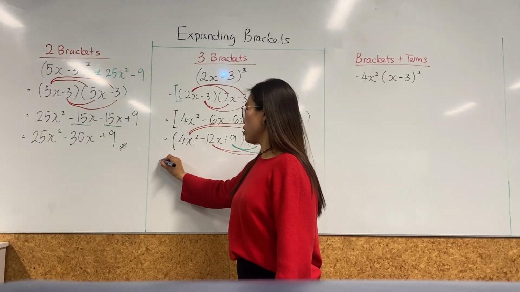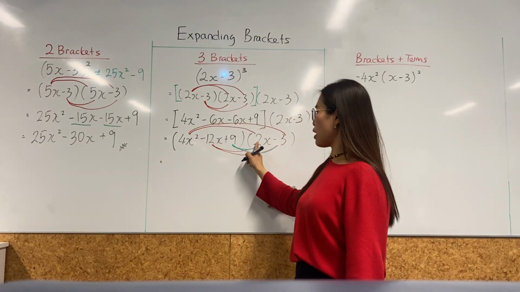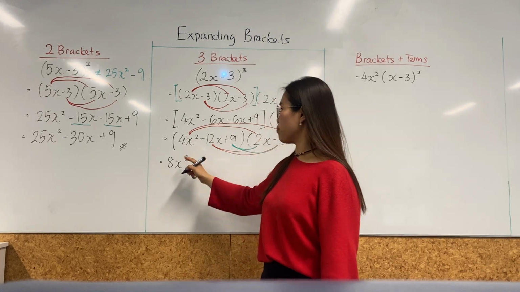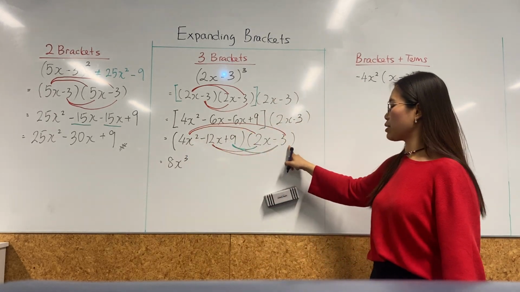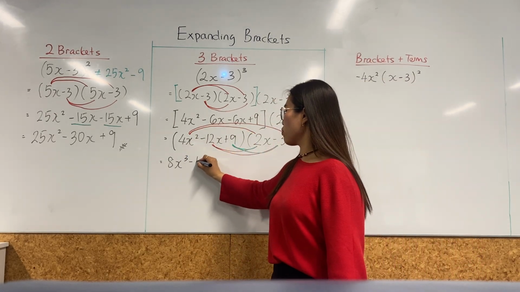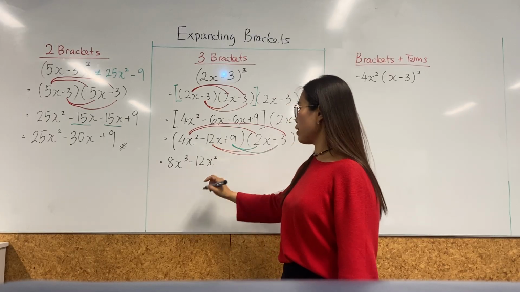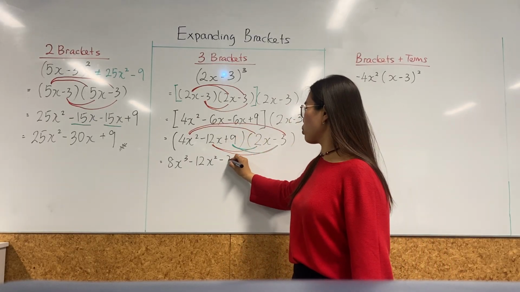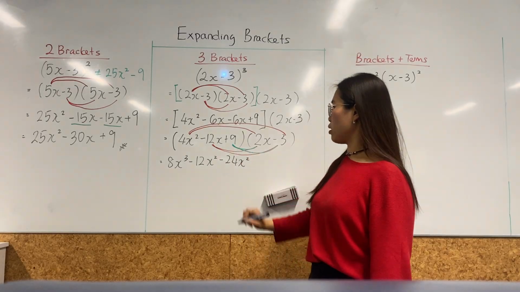Six lines. First, 4x squared times 2x is 8x cubed. 4x squared times negative 3 gives you negative 12x squared. Negative 12x times 2x gives you negative 24x squared.